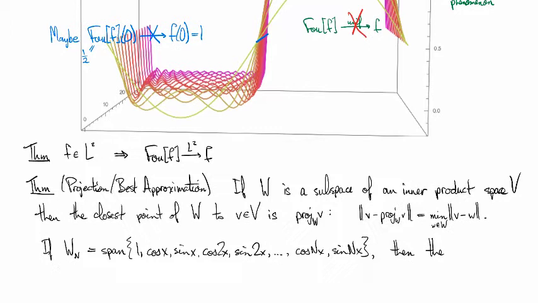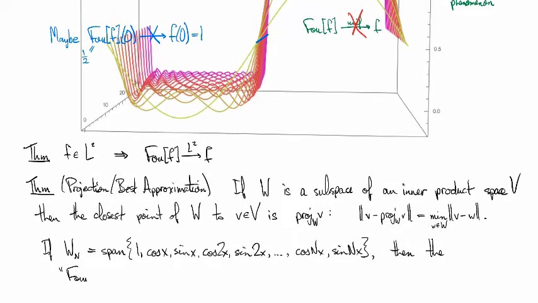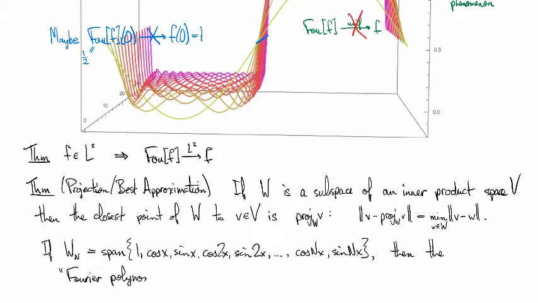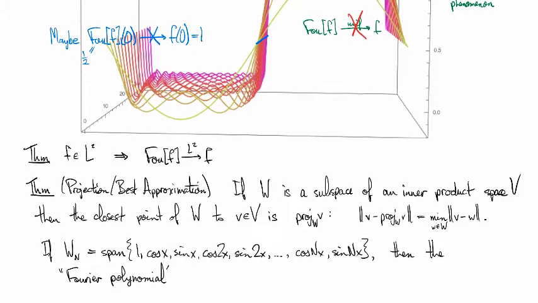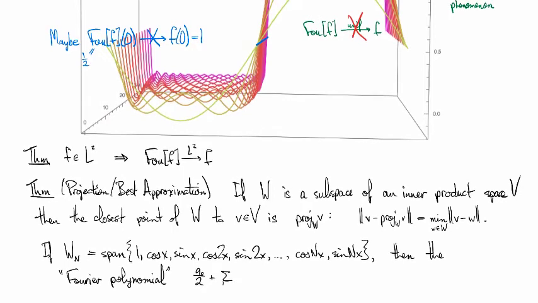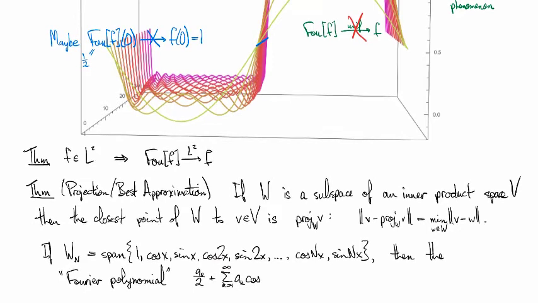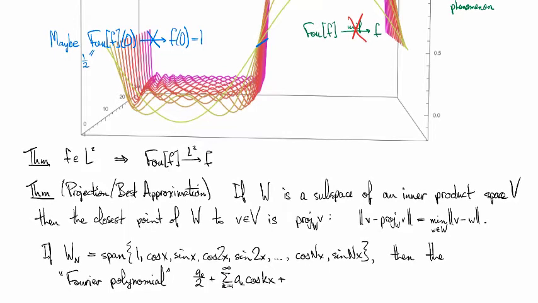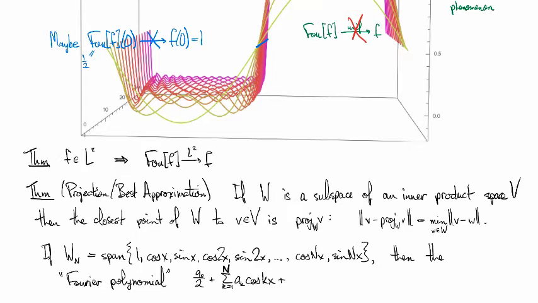Then the Fourier polynomial, which is a dumb name for it because it's not a polynomial, but it's called a Fourier polynomial, is just the nth partial sum of the Fourier series. Whoops, that doesn't go up to infinity, that goes up to n, that's sort of the whole point.